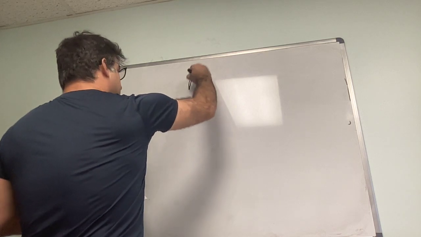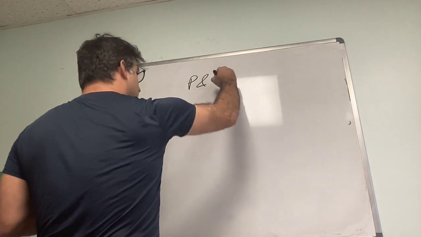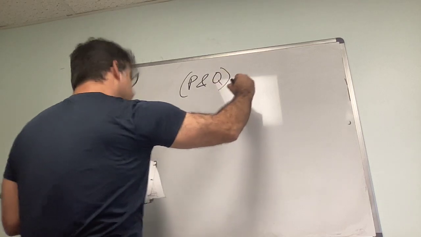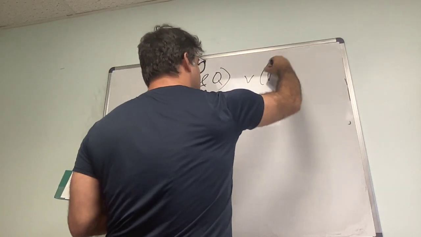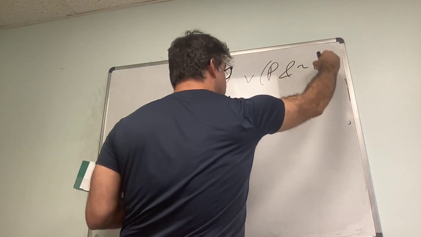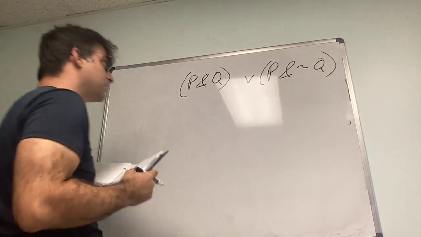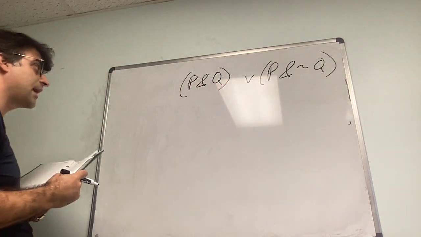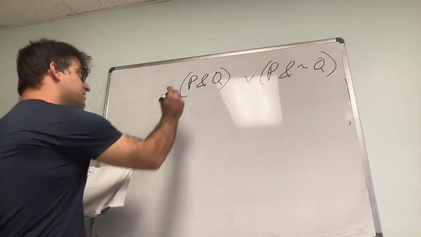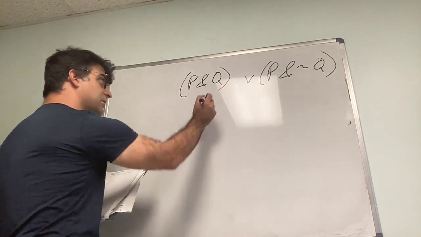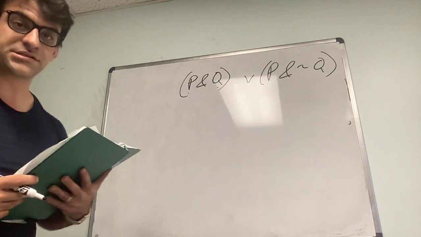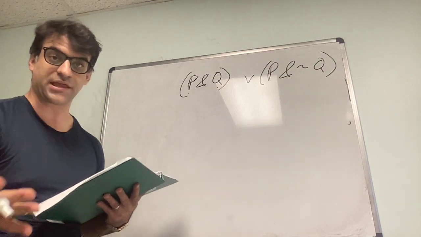First one is P and Q or P and not Q. And I mentioned in class the reason he uses P's and Q's is to show us one of the applications here.